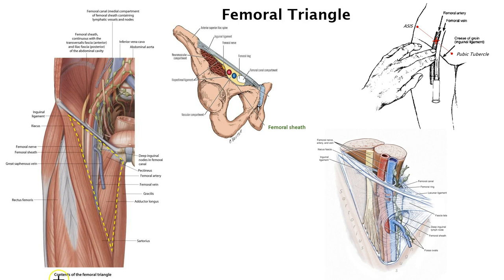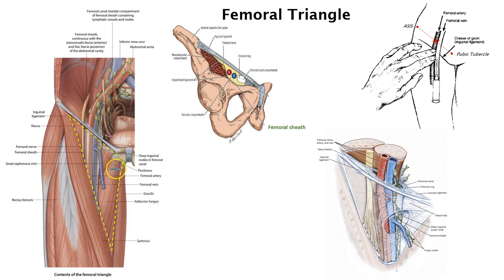The triangle's outer boundary is the medial portion of sartorius. The triangle's superior boundary is the inguinal ligament, while the medial border of the triangle is the medial margin of this muscle right here.